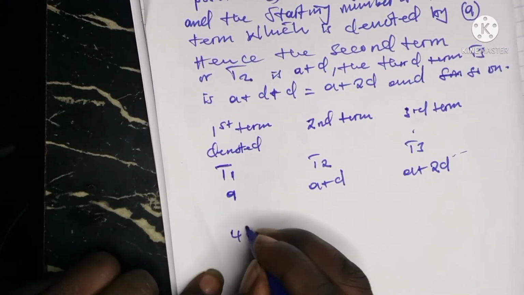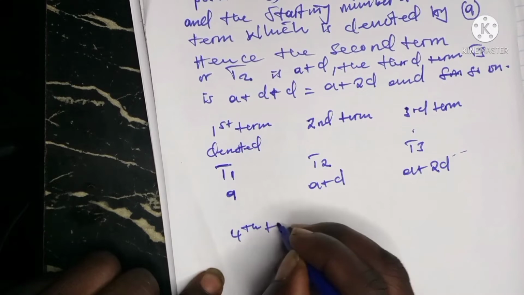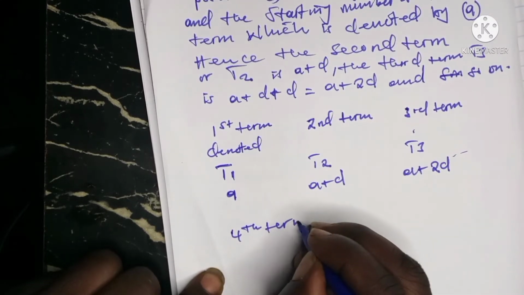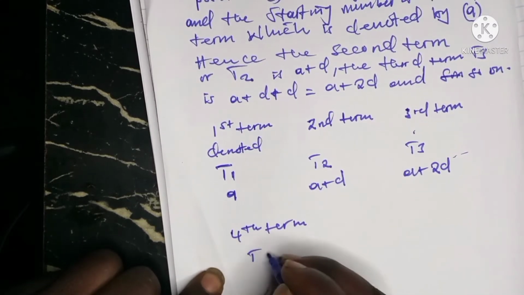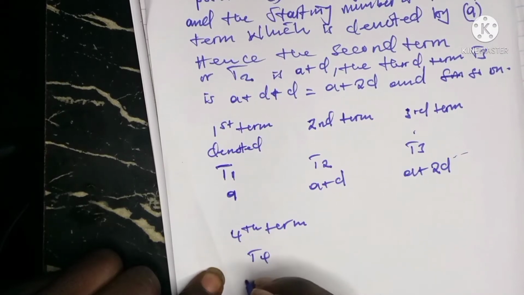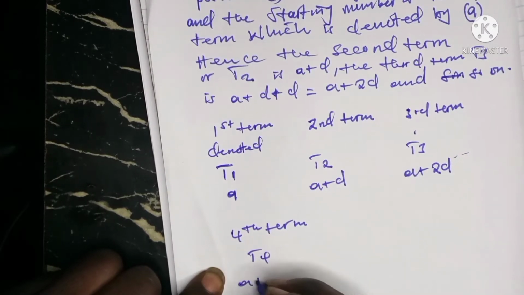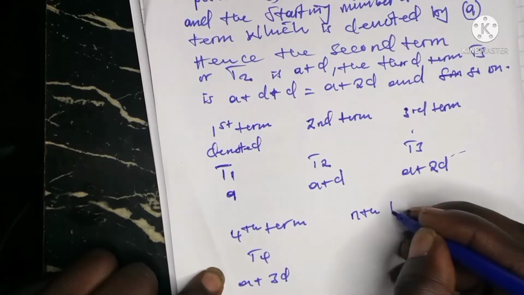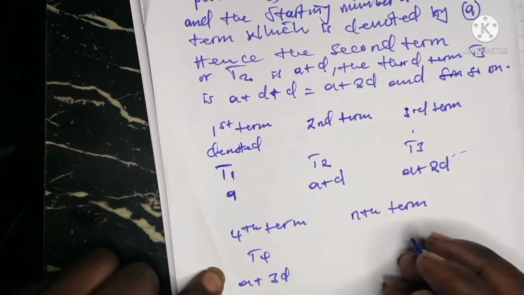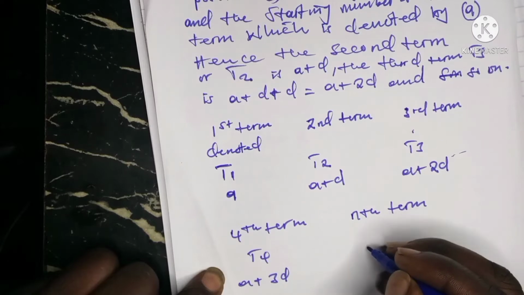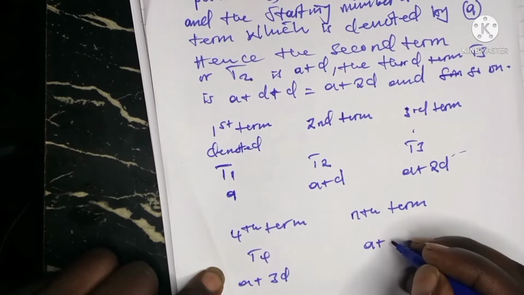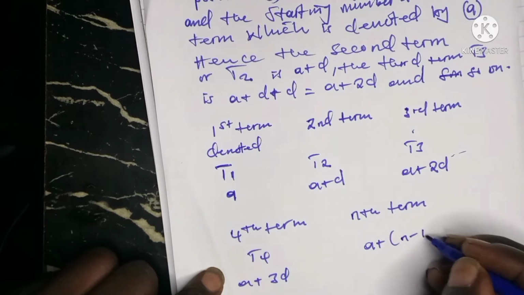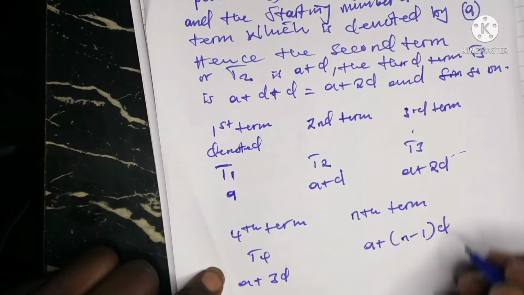Then fourth term which is T4, is the A plus 3D, and the nth term which is A plus open bracket n minus 1 close d.